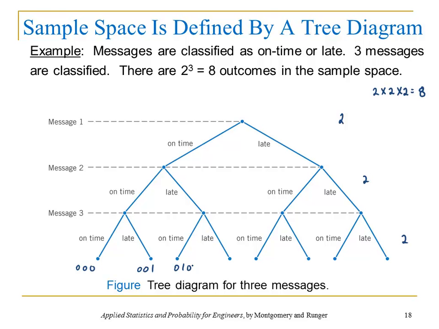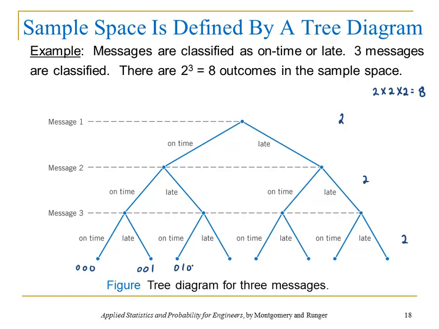Okay? So if you are able to list your sample space, then you can compute the probability for an outcome. Okay? So if your boss tells you that the maximum number of messages that can be late is 1, then by having the sample space, you can compute the probability of such an event happening.